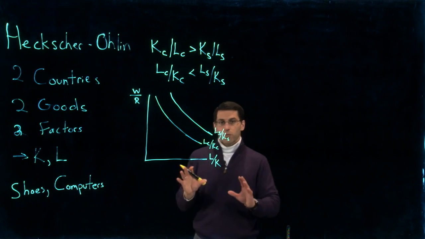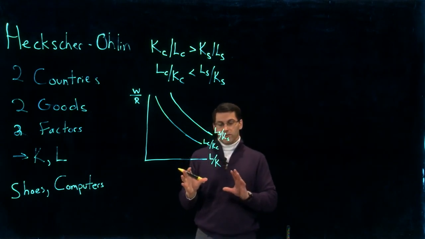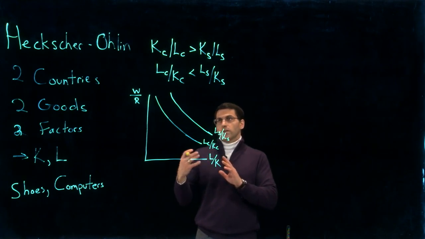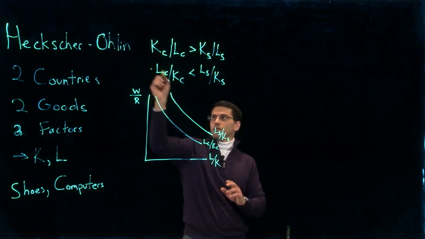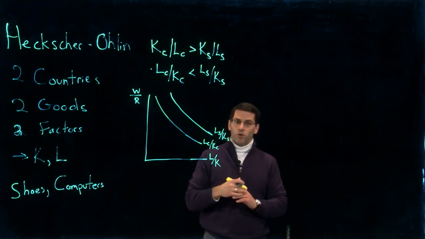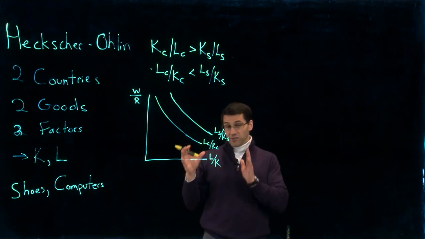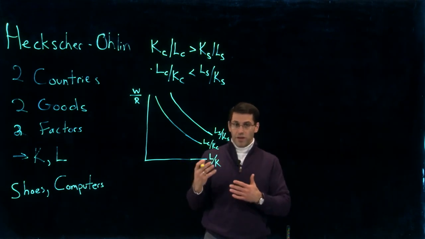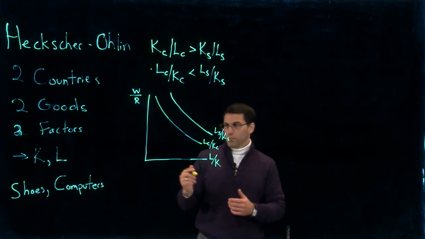This is important to keep in mind. When we say that the ratio of labor to capital employed in shoes is higher than that for computers, we're saying that's at the same wage and rental rate, so the firms are facing the same input prices for our comparison point.